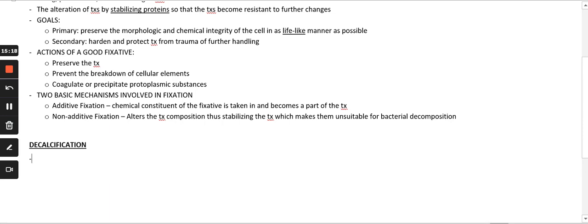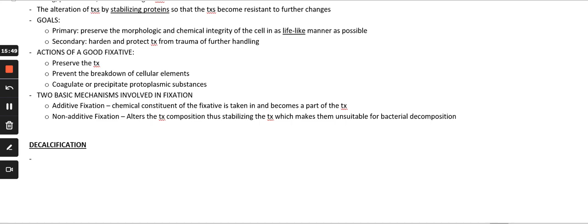We won't be able to preserve anything after decalcifying, because we won't know whether some of the constituents, like the cell, were interfered with by the decalcifying agent. So for us to be sure, we have to do fixation first before doing anything else.